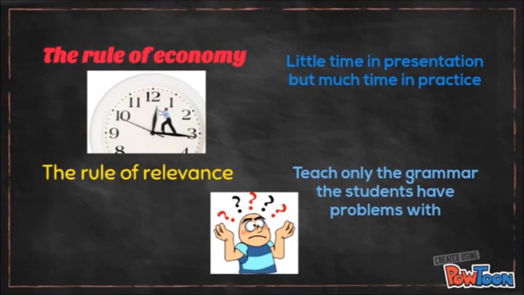If they are good at simple present, move on. Continue talking about other topics that you feel they are uncomfortable with. If they know how to use the verb to be, move on. Change to another topic that you consider they have problems with.